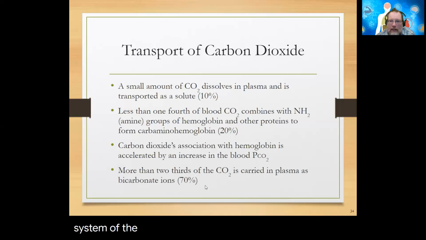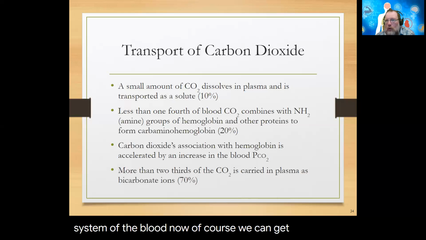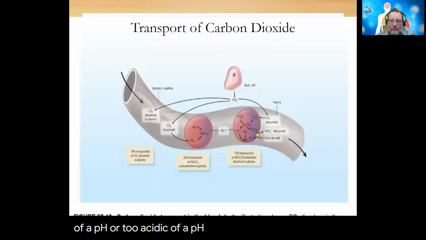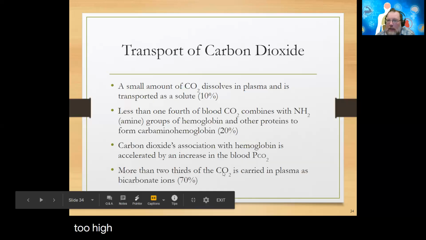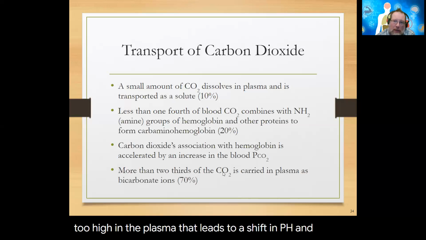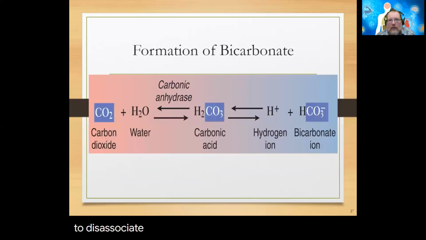Now, if carbon dioxide is too high, we can get too low of a pH, or too acidic of a pH. If carbon dioxide levels are too high in the plasma, that leads to a shift in pH into the acidic range, because some of this carbon dioxide is going to dissociate in the presence of what we call carbonic anhydrase and water.